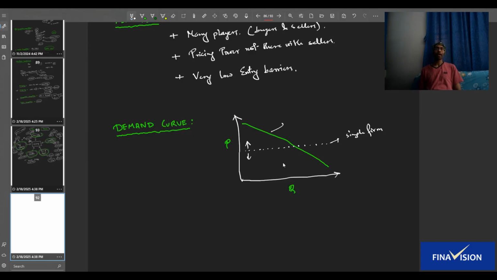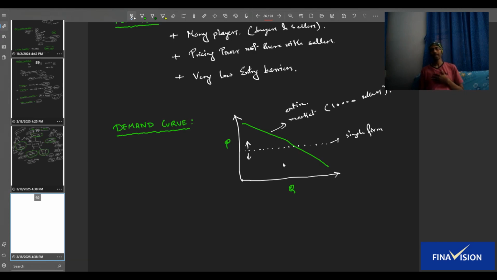And for the entire market, it is a downward sloping line. Entire market, right? So this market, let's say, has 10,000 sellers. Let's say it's a farmer's market.